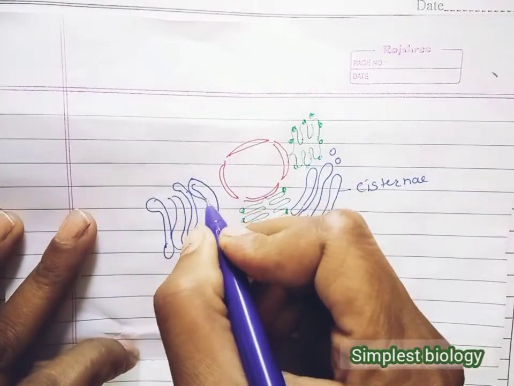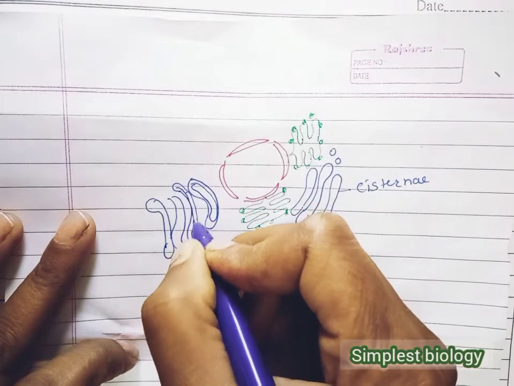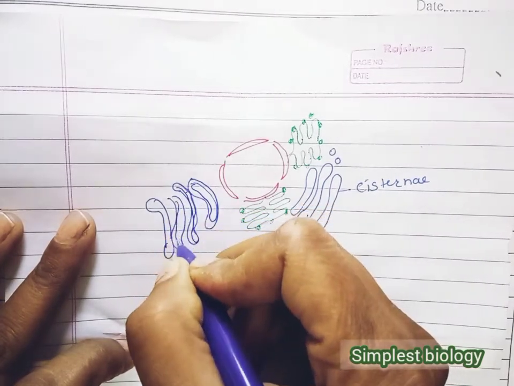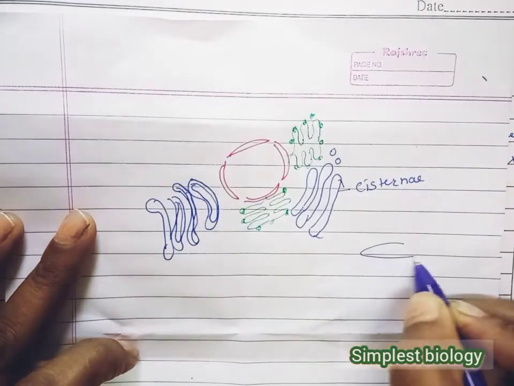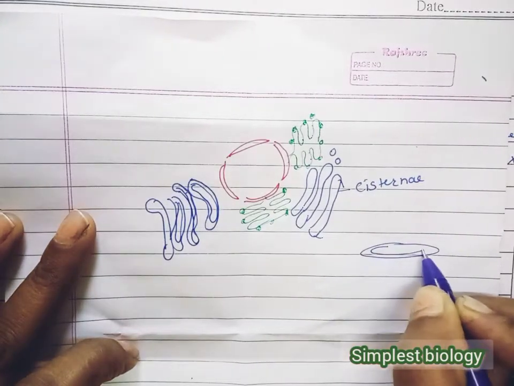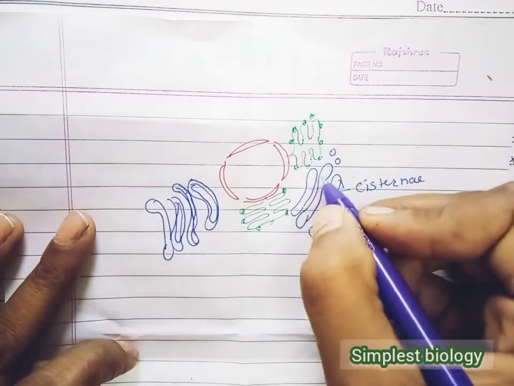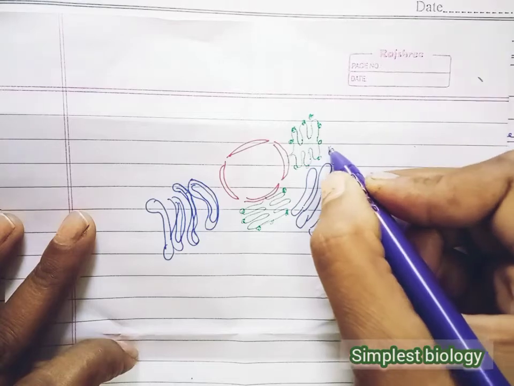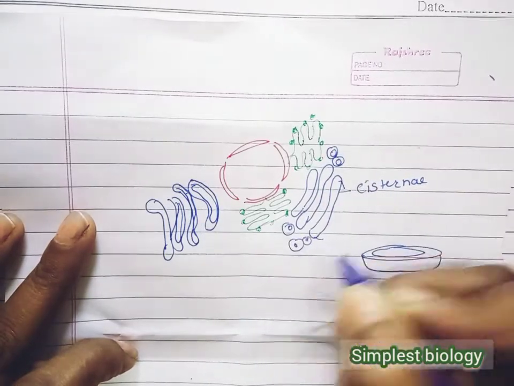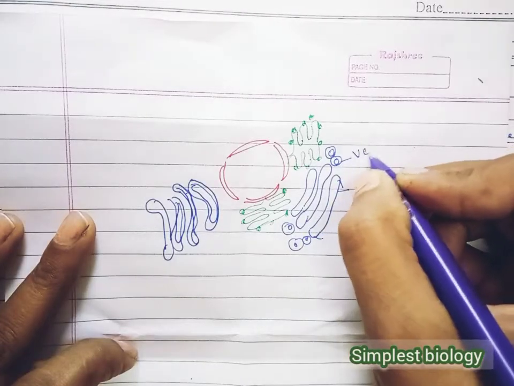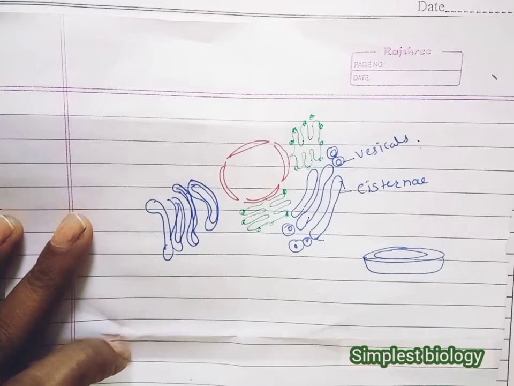These are double layered structures, and the thickness is 60 angstrom. These are also sac-like, and near it the small part that is attached we call vesicles. They are secretory in function.